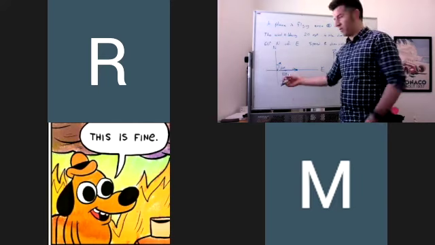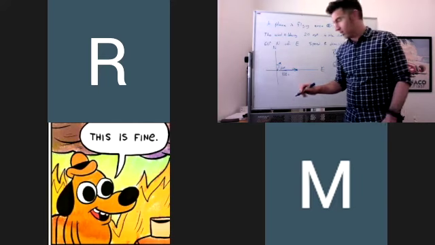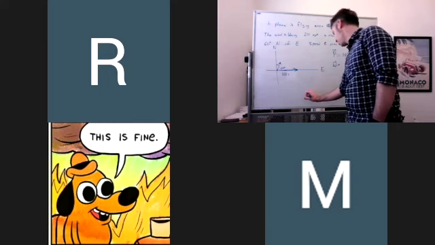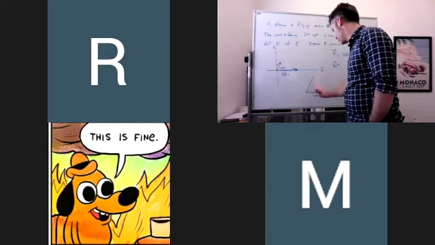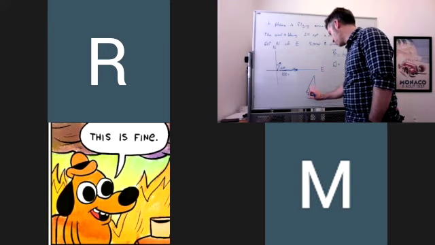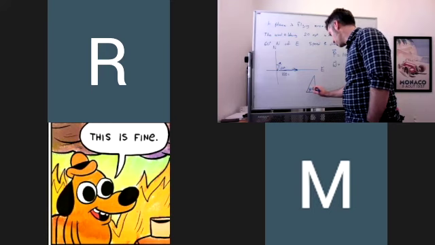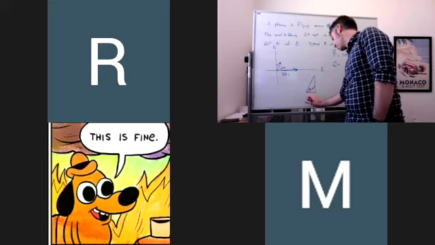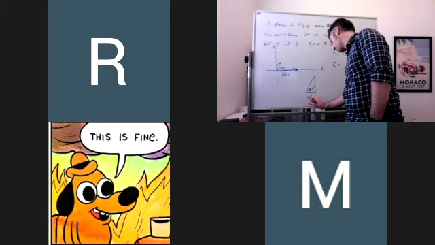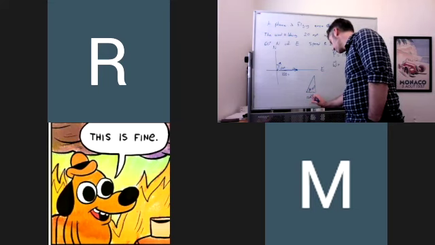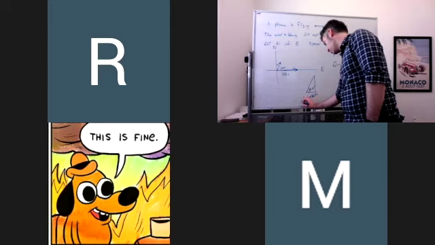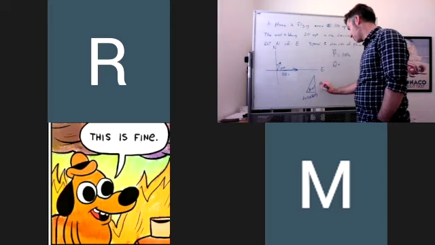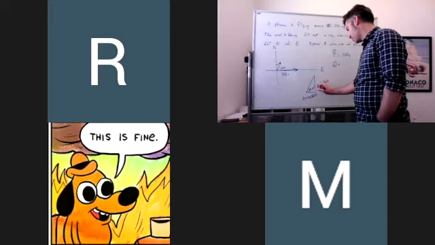We need the components. It's just some trigonometry. So I want this component: this component is going to be cosine of 60 degrees times 20, and this component is going to be sine of 60 degrees times 20.